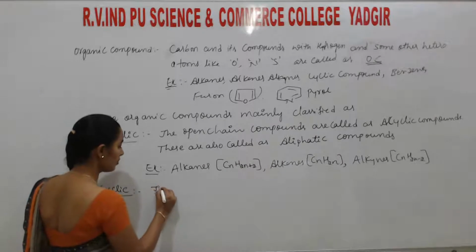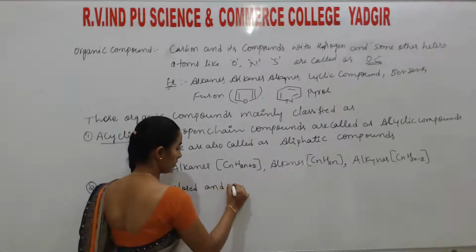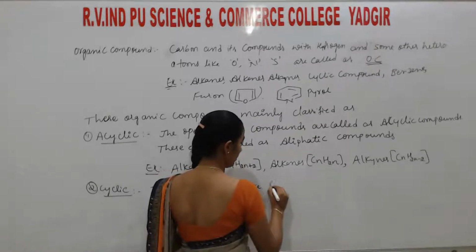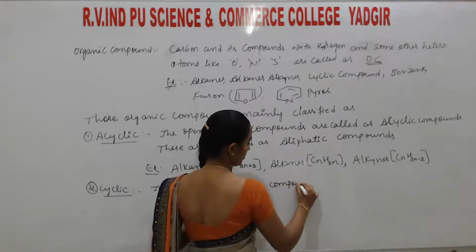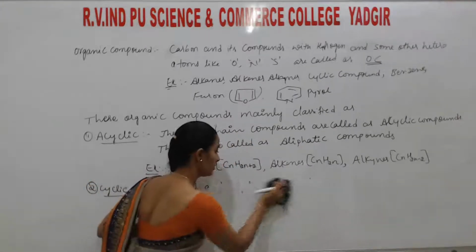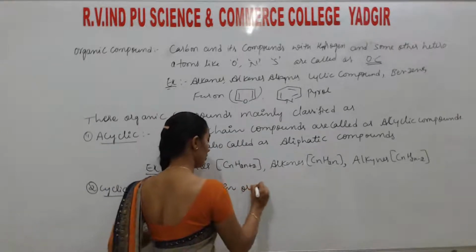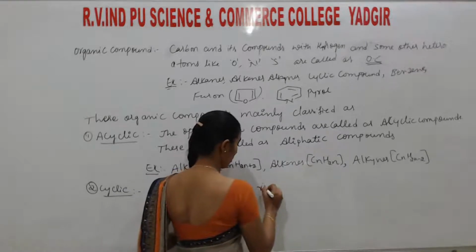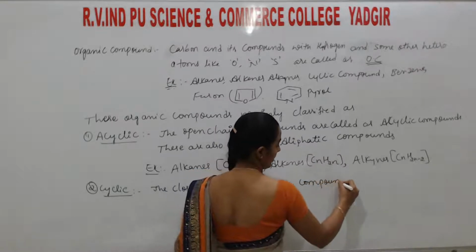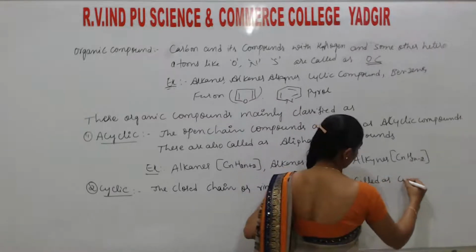So listen, closed chain or ring-like compounds are called cyclic.